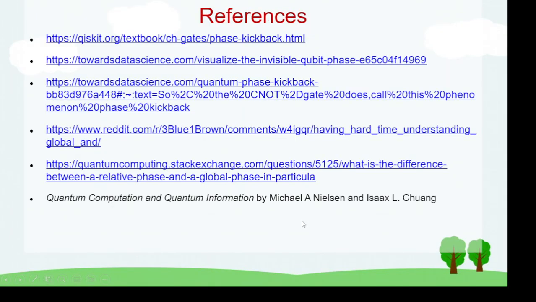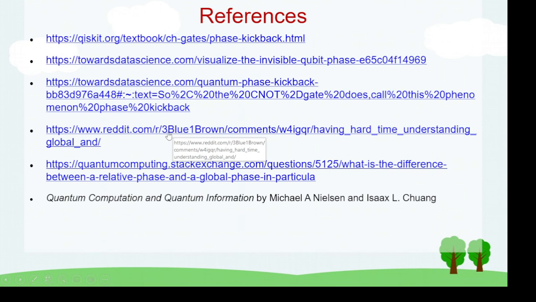And these are some of the useful references which I had referred. Of course, Qiskit is the ultimate documentation you will have. Phase kickback is nicely explained, in fact, the code given there was used by me. There are also some nice blogs available on phase kickback.